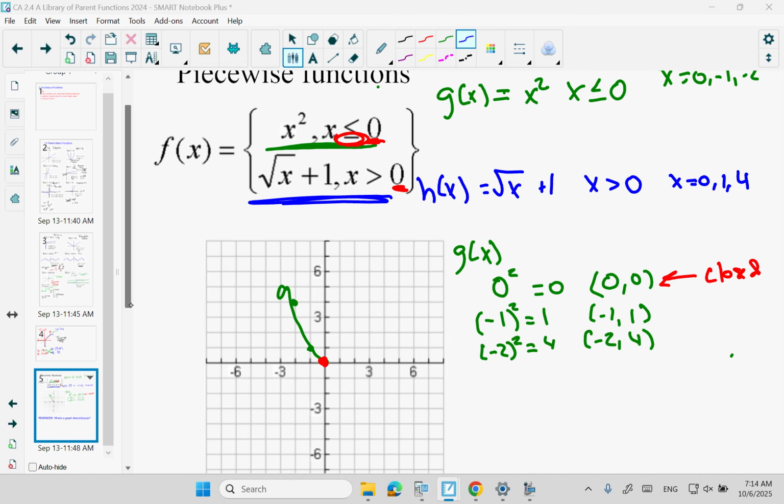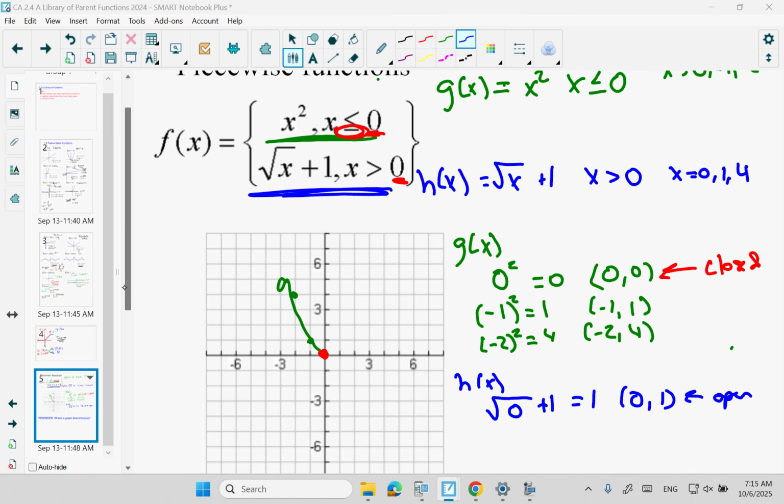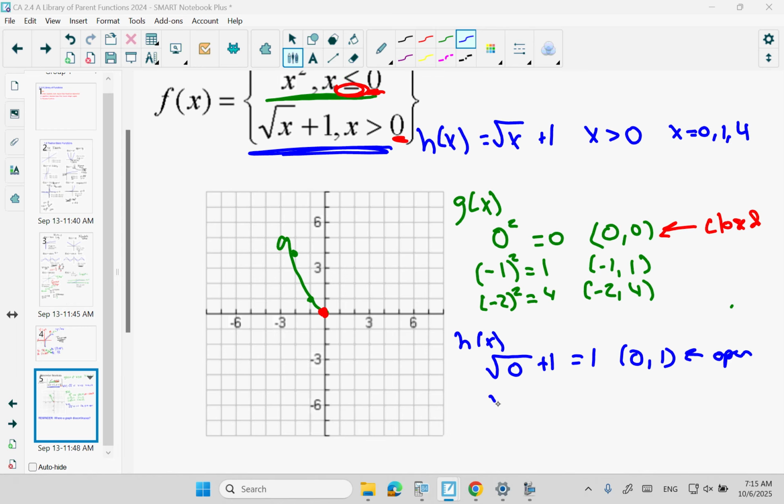Now let's do our h of x. Square root of 0 plus 1 is 1, so I'm going to get the coordinate 0, 1. But again, that is going to be open because it doesn't have the equal to. And I can move on. 1 plus 1: square root of 1 is 1, plus 1 is 2, so I get the coordinate 1, 2.